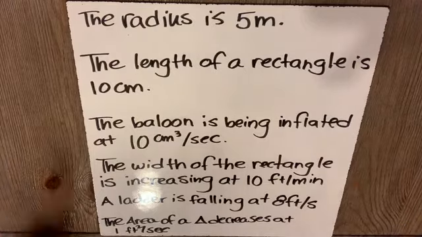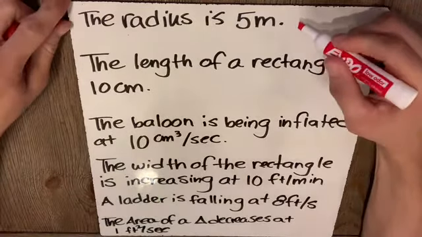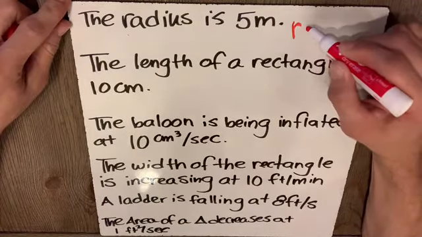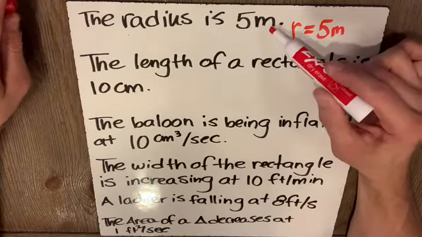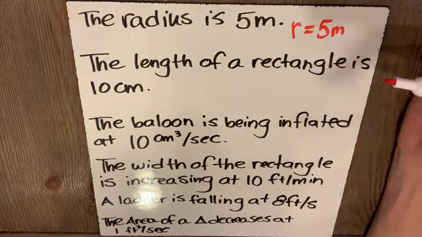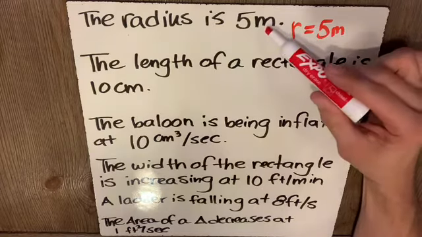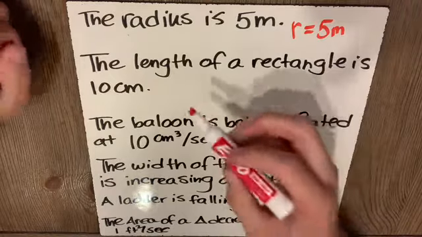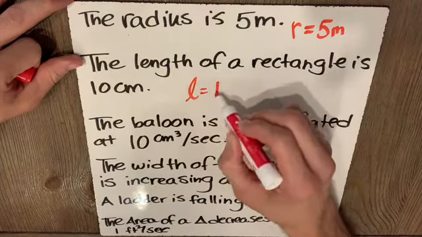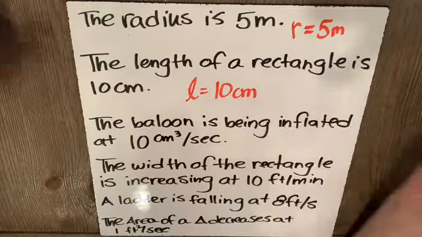Continuing on, the radius is 5 meters. Well, that's not changing, so r equals 5 meters. Look at the units. We have no units per other units, and the denominator being some unit of time. So this is not a rate. The length of a rectangle is 10 centimeters. Length is 10 centimeters. That's not a rate.